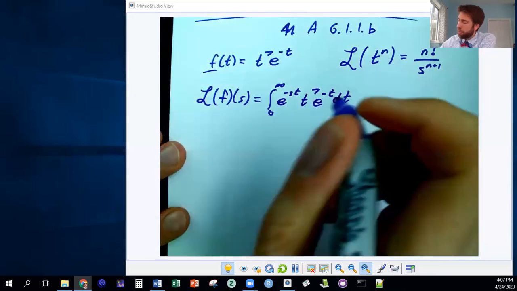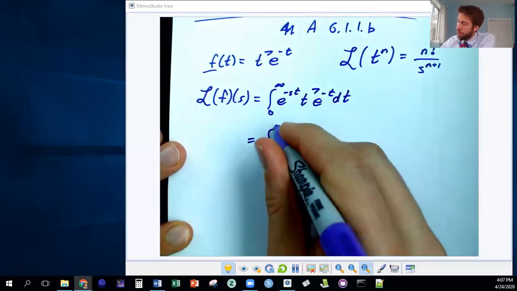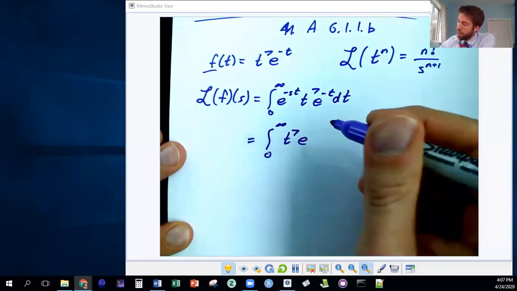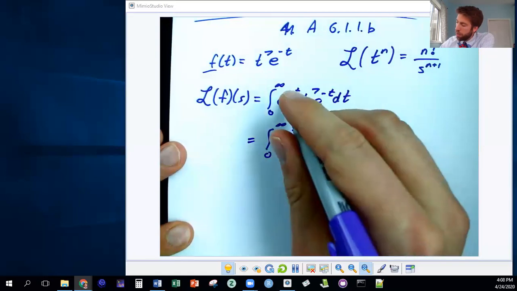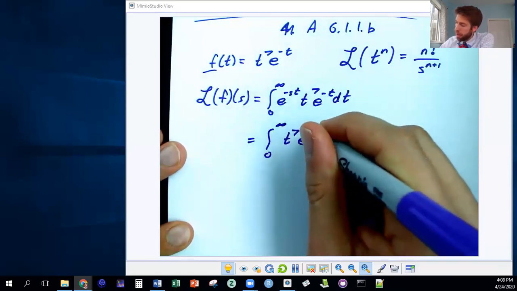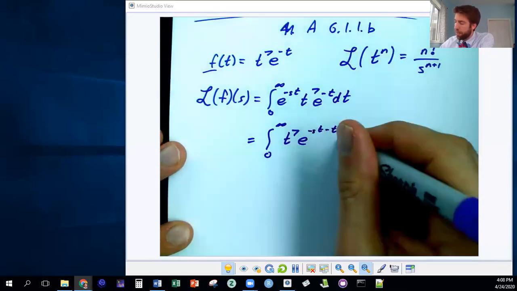All right, let's simplify that. So that's equal to the integral 0 to infinity of t to the 7th, e to the, so when you multiply, you add exponents, so then negative st minus t dt.